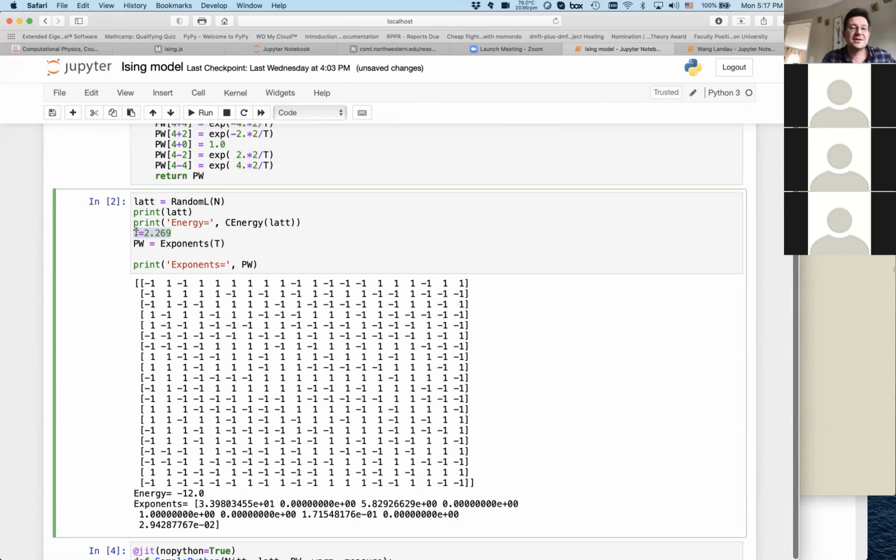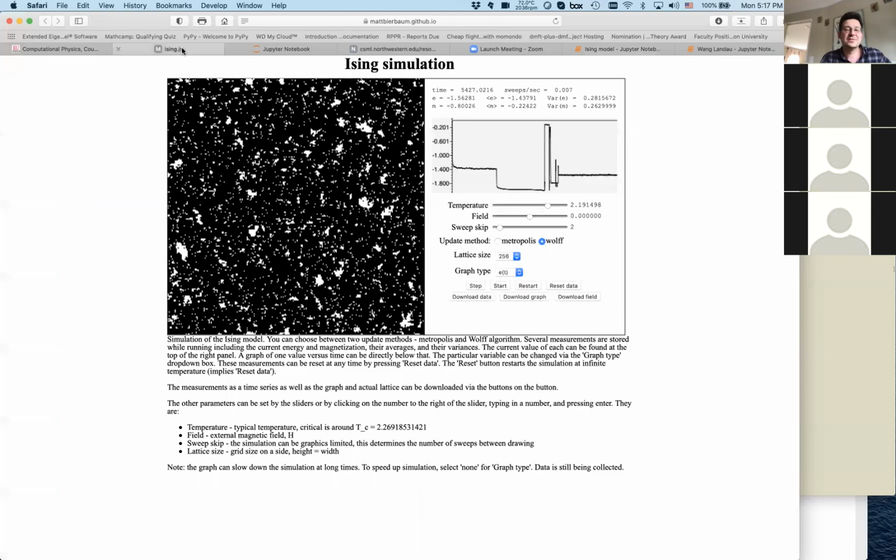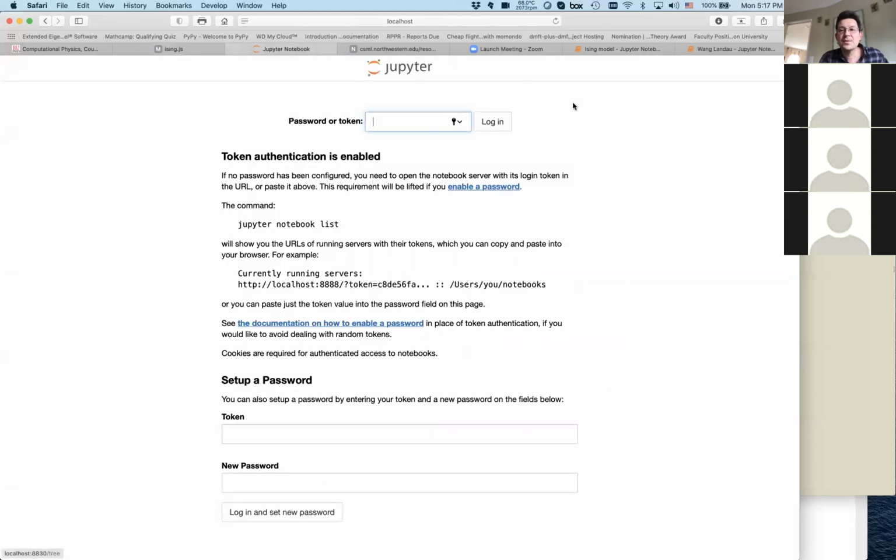The reason that I'm going to start with a temperature of 2.269 is because if we go to this Ising model simulation, you will see that these guys actually give us nicely the critical temperature, which is 2.2691 something. So we know that the Ising model has a critical temperature around 2.269. So we're going to start here with exactly the critical temperature.